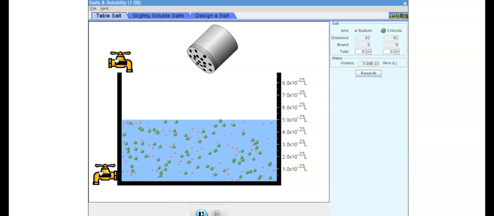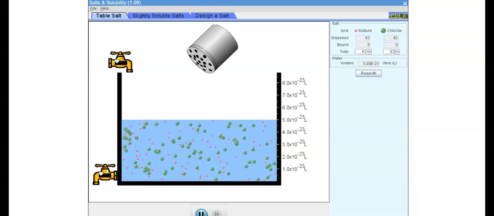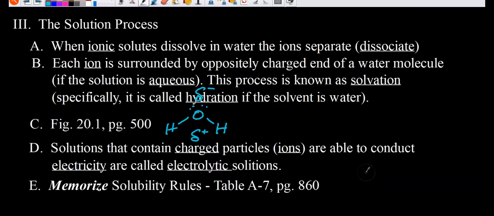We'll see that on the next slide. So there we have the spelling. Anytime you have mobile charged particles, such as the delocalized valence electrons in a metal, or in this case, mobile ions that are able to move around in a solution, that means it'll be able to conduct electricity.